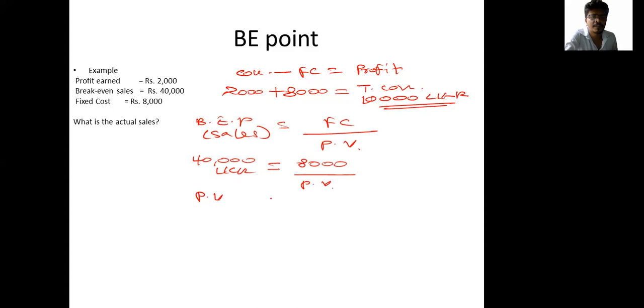That means PV ratio can be calculated as 8,000 divided by 40,000. So the PV ratio is 0.2.